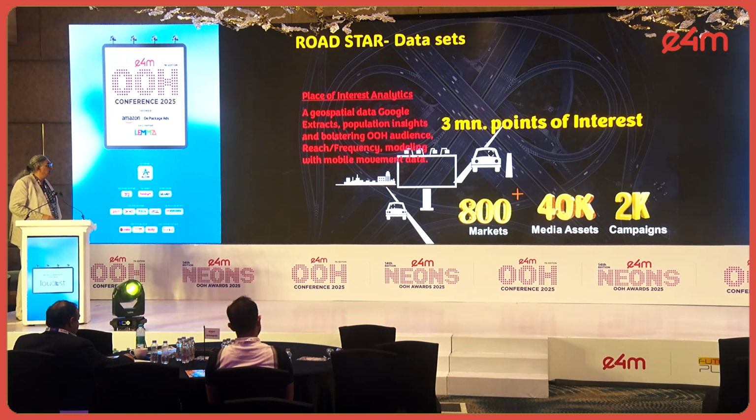There are about 3 million odd points of interest that we've already plotted. This is an ongoing process, so every 3 months we update it, but right now we are at about 3 million points of interest. This is the data that we use to profile the customers.